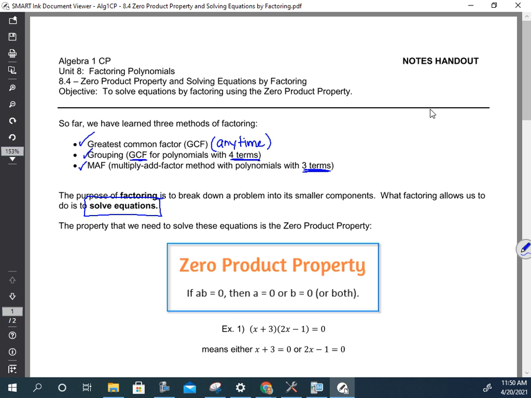So I'm very confident that if I gave you the equation x plus 3 equals 0, you could solve that without breaking a sweat. If I gave you the equation 2x minus 3 equals 0, you could solve that without breaking a sweat.